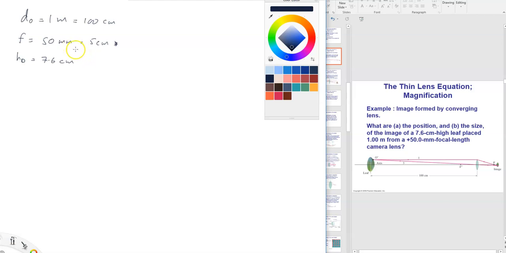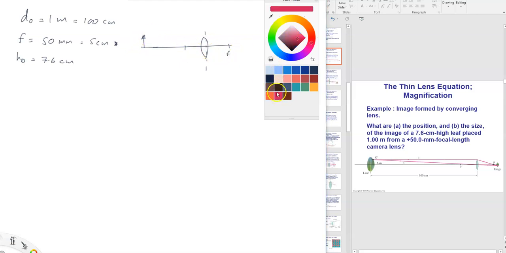Okay, so the diagram says this. Here we have an object, and so that's 100 centimeters, F is 50 millimeters.